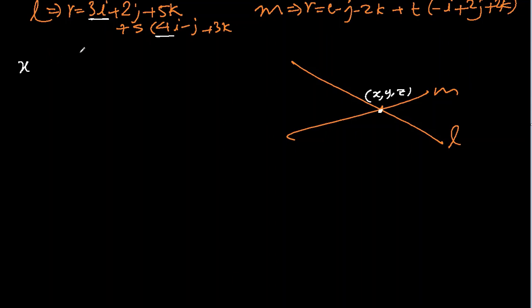And we don't write i as unit vectors, so we can write this as 3 plus 4s. Similarly, y will be 2 minus s, and z coordinate will be 5 plus 3s.